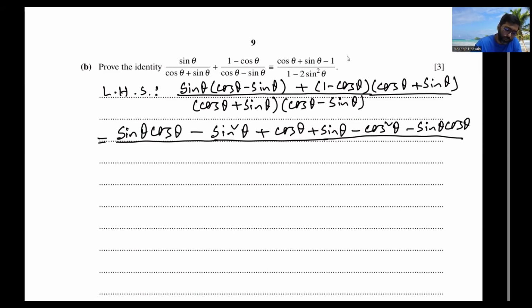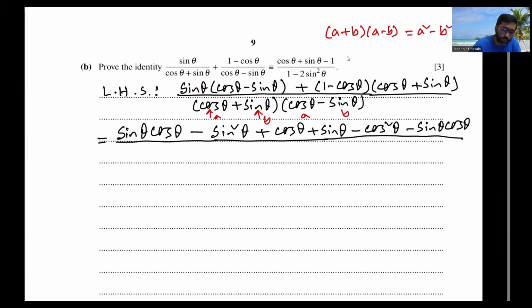So we can consider this: if this is A and this is B, then this is A plus B into A minus B. Remember, A plus B into A minus B equals A square minus B square. So you can apply it here.